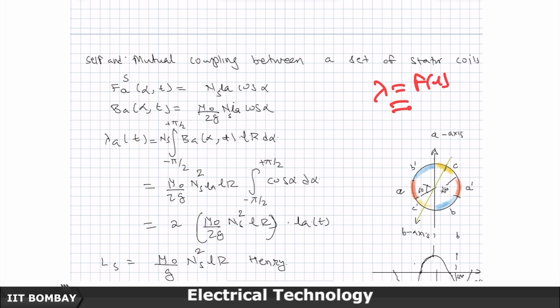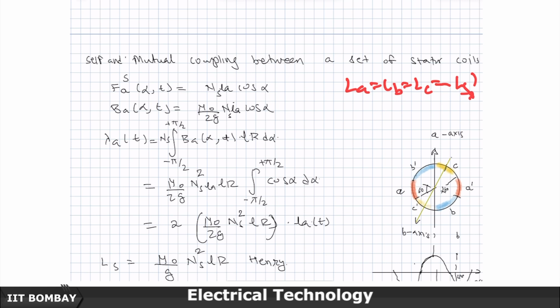Basically, we need to calculate all the 3 self inductances LA, LB, LC, which are all going to be the same. The self inductances are the same because the 3 windings are exactly identical.